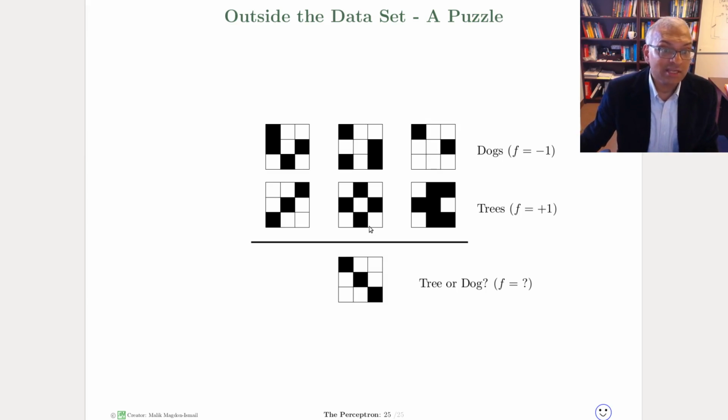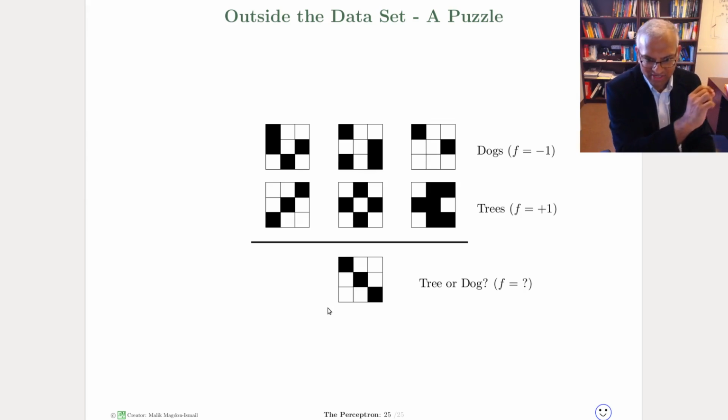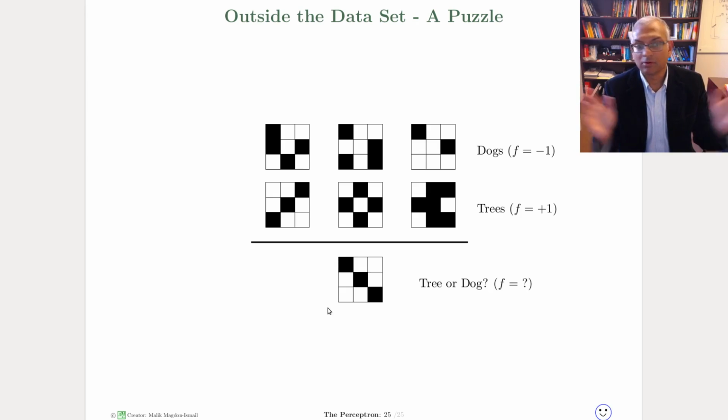So how does the data help you in any way whatsoever in predicting outside the data? And why do we care about predicting outside the data? Because that was the fundamental definition of what it means to learn. So here we have a puzzle, and we better resolve it, or else the course is over. Or else we say you cannot learn, you cannot predict outside the data. But learning is alive and well, so something is going on and we need to pin it down. Okay, see you next time.